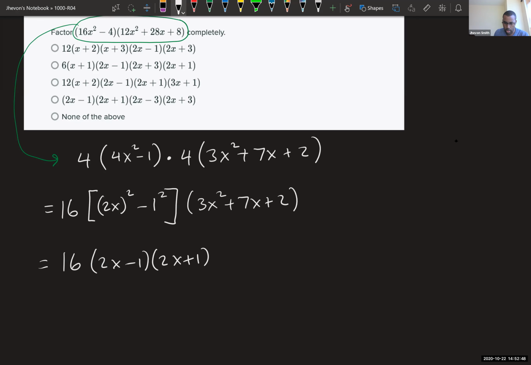And the last parenthesis would be like a 3x and an x. I need a 2, so it has to be a 2 and a 1. If I put a 2 here and a 1 here, and if I put additions, that would actually give me what I want. So that's the correct factoring. And that's none of them.